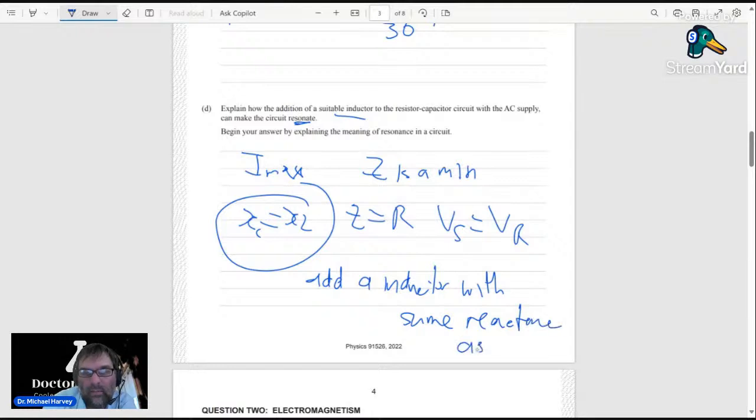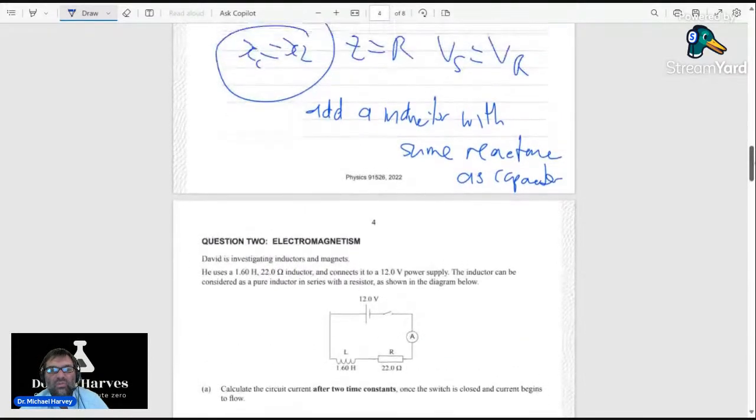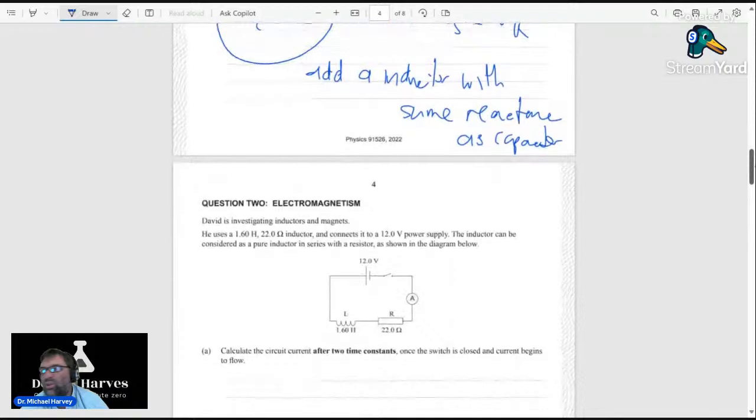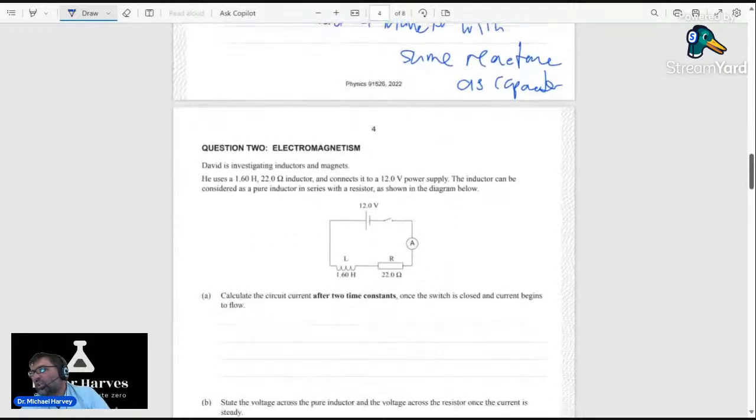As the capacitor. Yeah, the reactance of the capacitor equals the reactance of the inductor. I've just put it in words. Right, so I thought for 2022, that was not too bad for AC circuits, to be honest, especially when we didn't really discuss LCR.